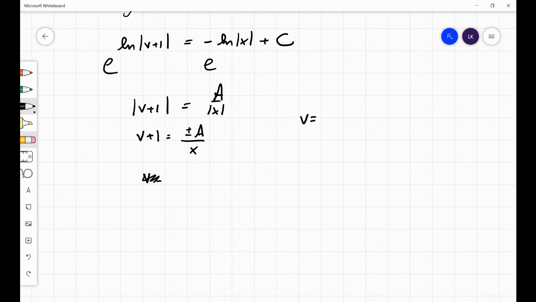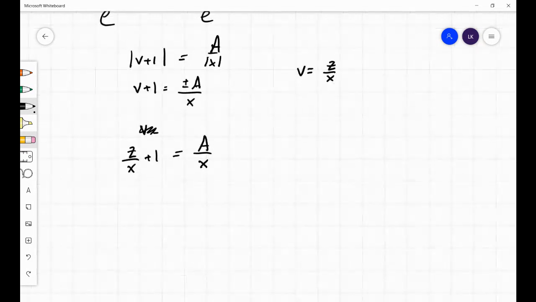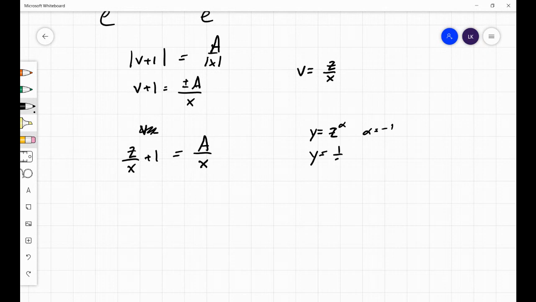V was really z over x. Just lump that constant along. And z, what is z? Well, we said y is equal to z to the alpha, where alpha was -1. So z is just 1 over y.